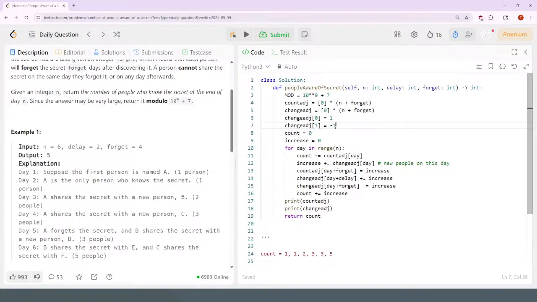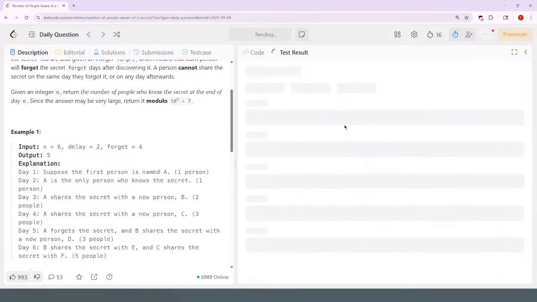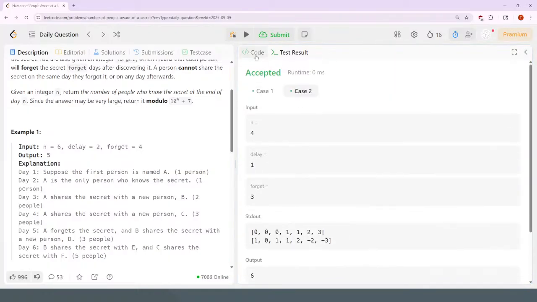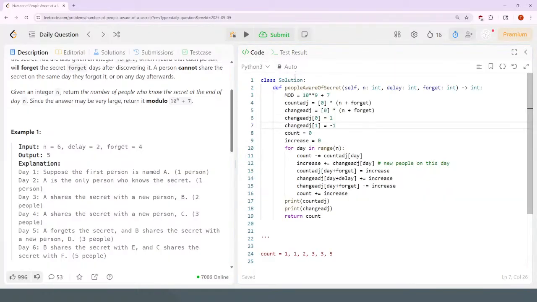Seems a little hacky. Let's see how this goes. Even if it goes well, I need to spend more time thinking about why it works like this.